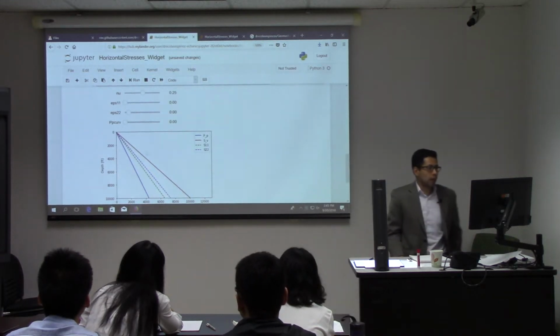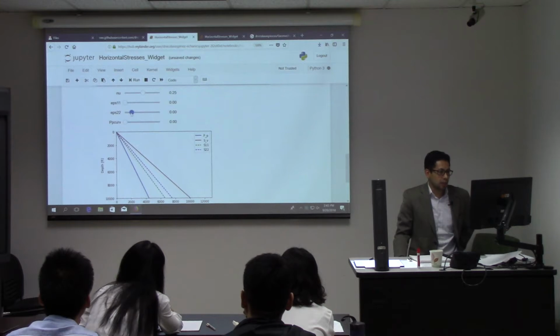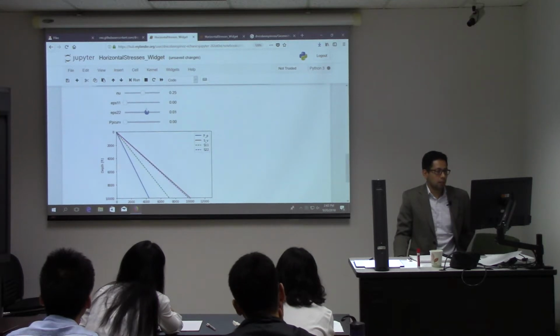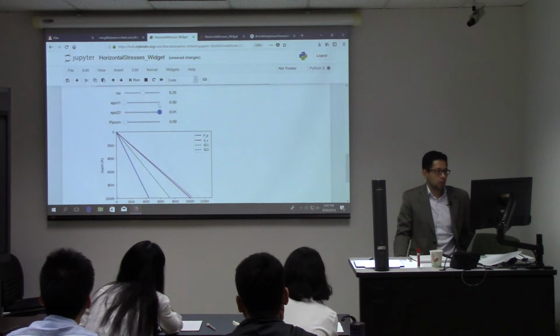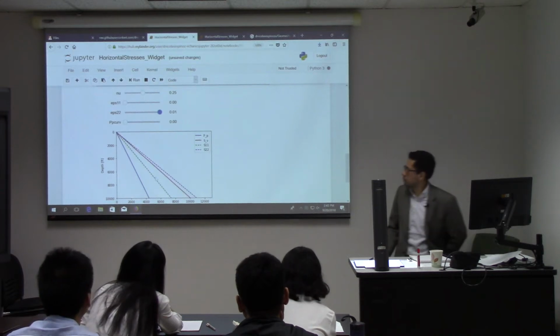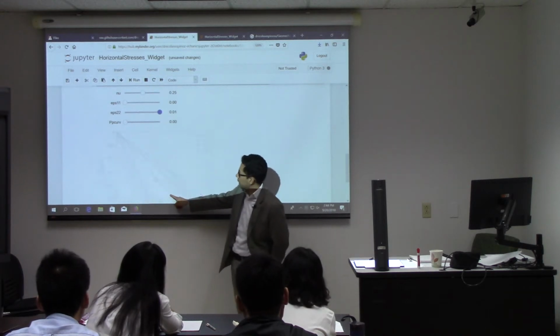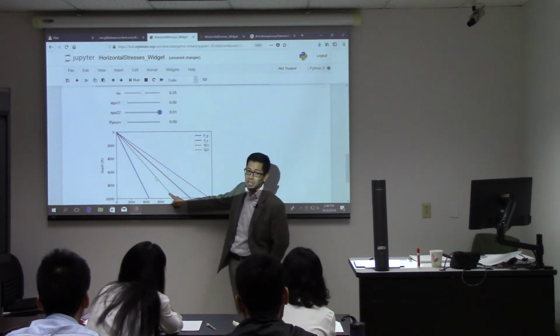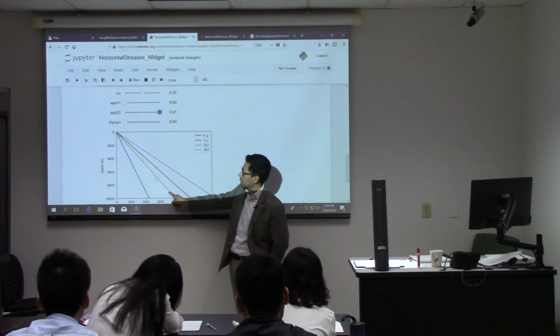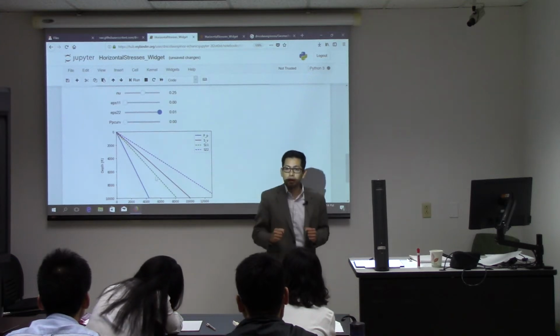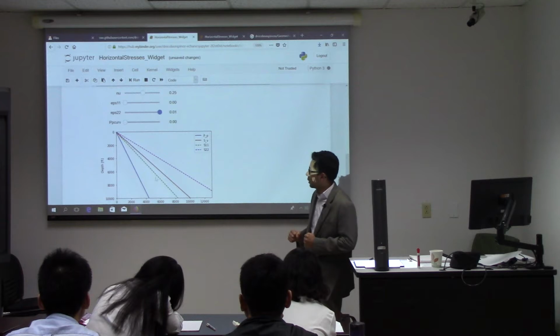So if I were to apply a higher tectonic strain in direction 2, look how S22 changes. And if I apply a lot of tectonic strain, it can even go on top of the vertical stress. Notice that S11 also changed, right? It also changed because of the Poisson ratio effect. It didn't stay at the same value.